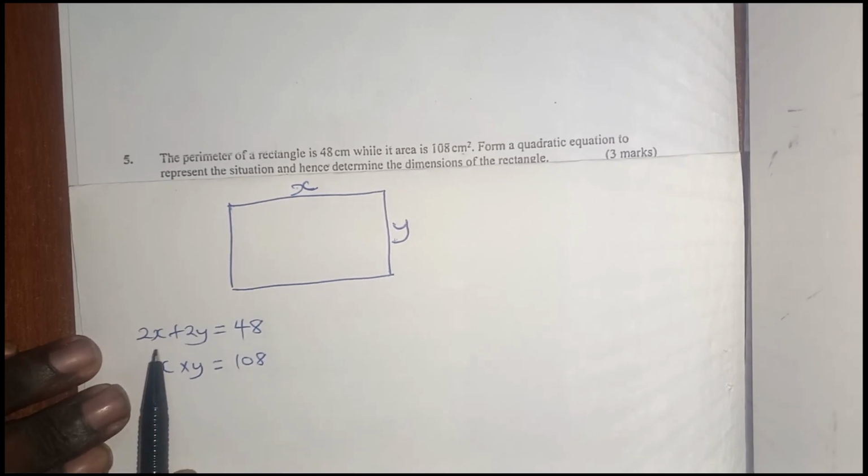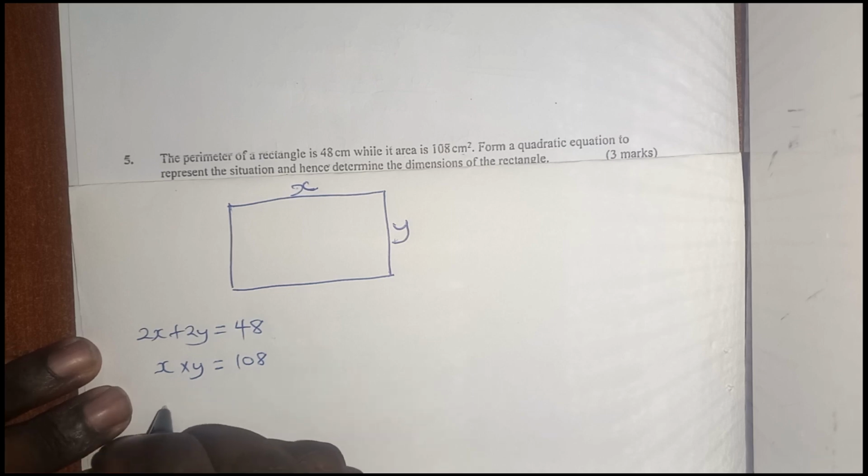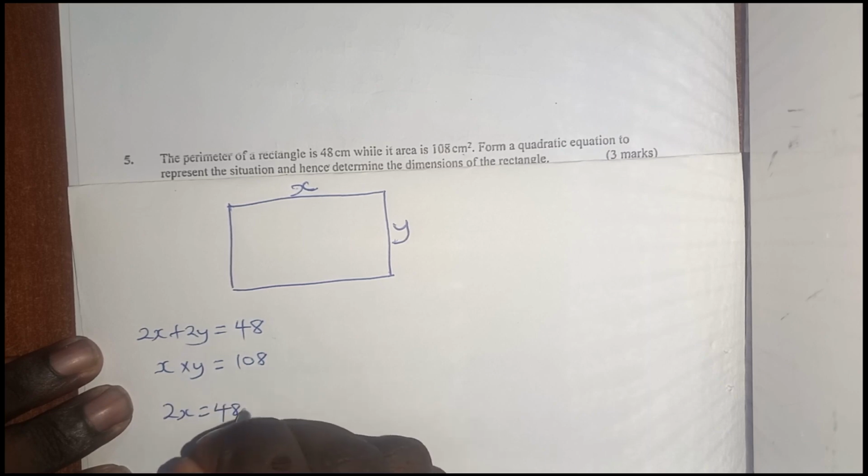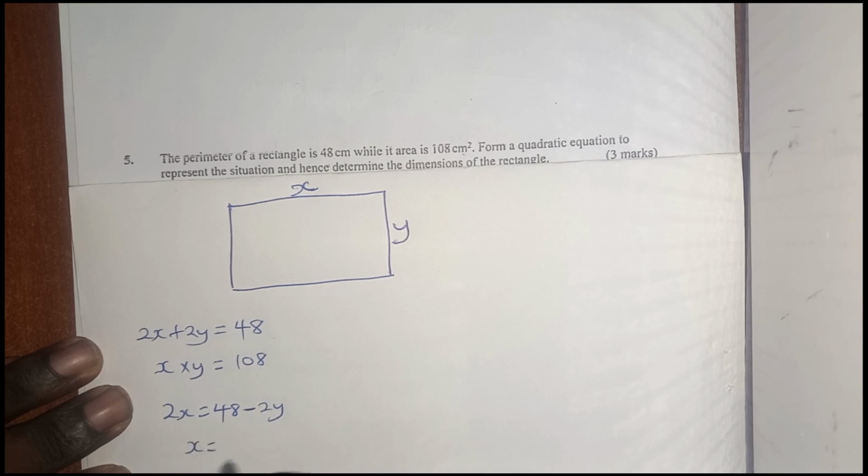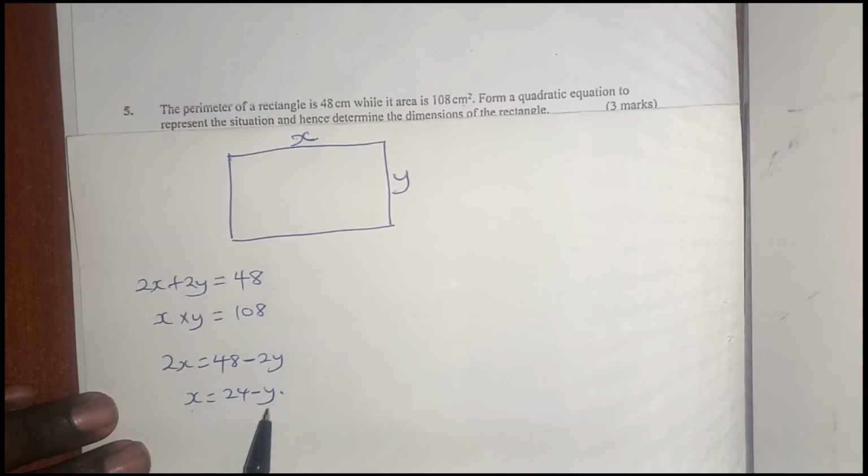So what you're going to do is write one in terms of the other. Let's write x in terms of y. We're going to say 2x equals 48 minus 2y. That gives us x equals 24 minus y.